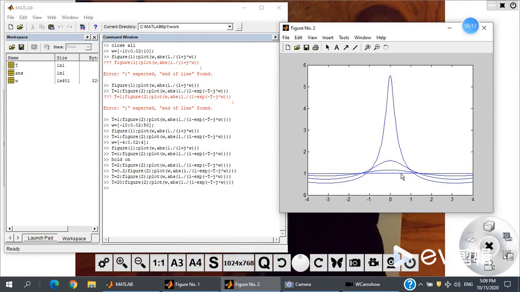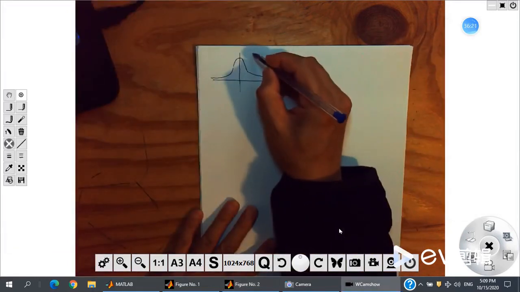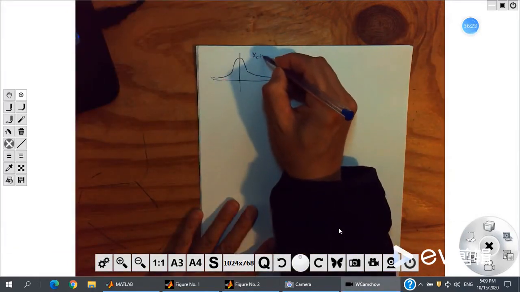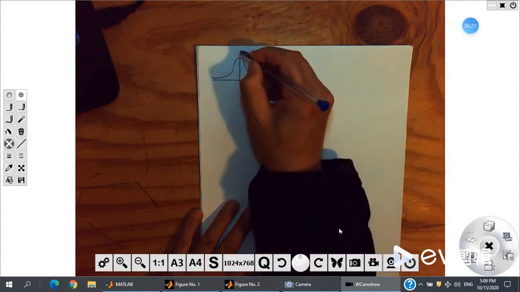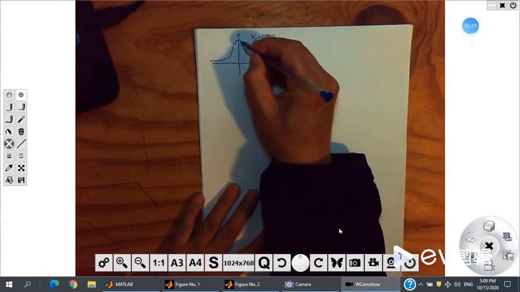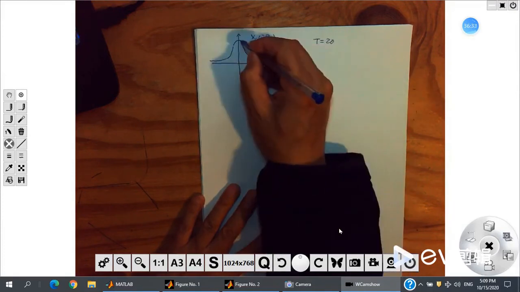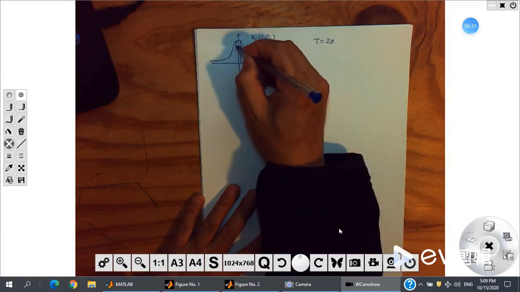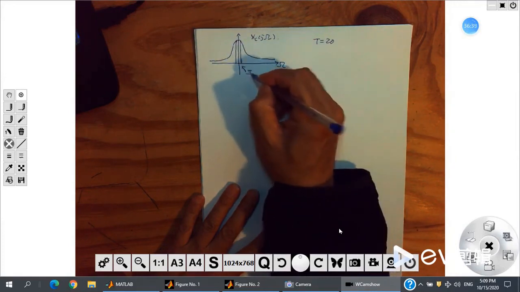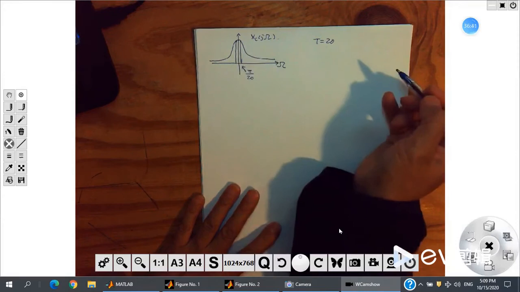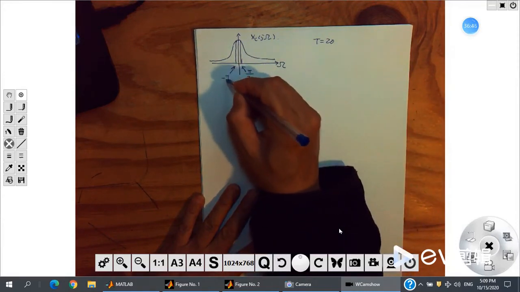This is XC, the continuous one, the original one. And now you use T equal to 20. So you have this part, which will be pi over 20, and this side is negative pi over 20.